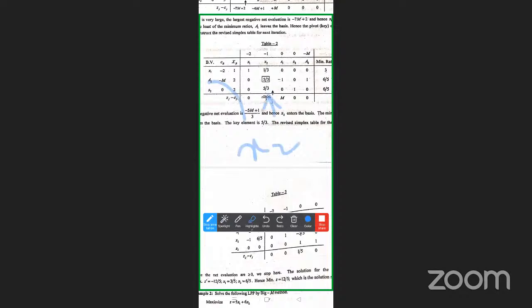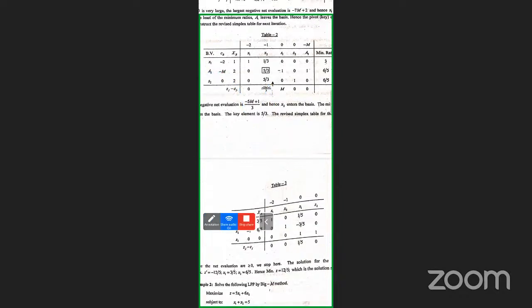In the basic variables, x1 and in place of A2, x2, s2, and the coefficients: x1 coefficient is minus 2, x2 coefficient is minus 1, Cb minus 1, so minus 2, minus 1, S1 coefficient, S2 coefficient 0. After doing row operations, we are getting this matrix: 3 by 5, 6 by 5, 0, 1, 0, 0, 1, 0, 0. Next 1 by 5, 0, minus 3 by 5, 0, 1, 1. So this is the matrix.